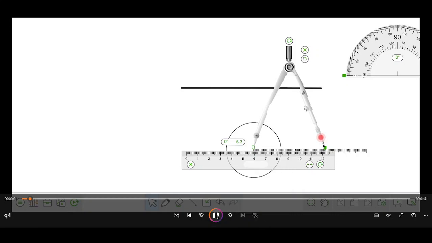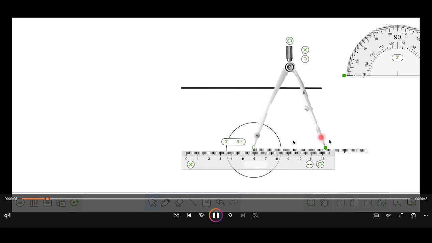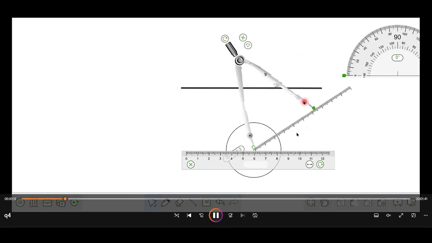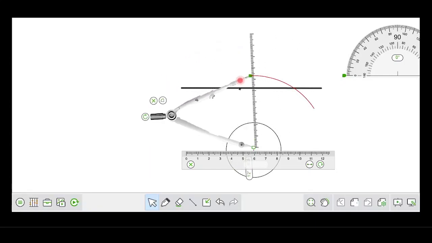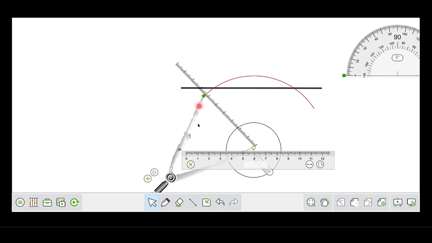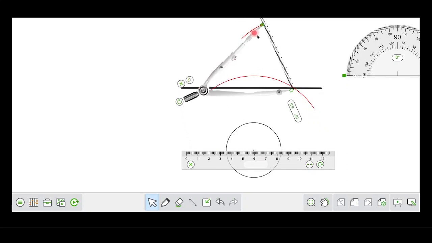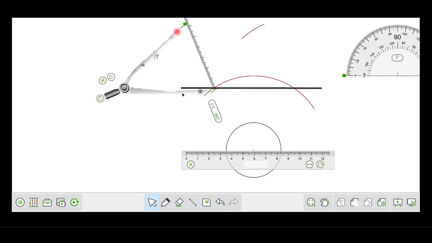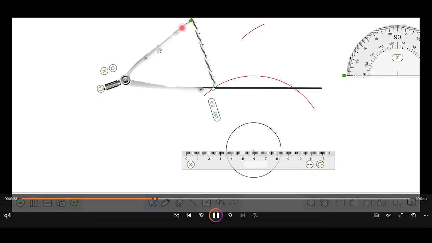Draw in this way. First we will draw a circle and a line according to the question. Then try to draw a perpendicular line according to this. In this way we can draw a perpendicular line. Sometimes it also bisects this segment. Clear?